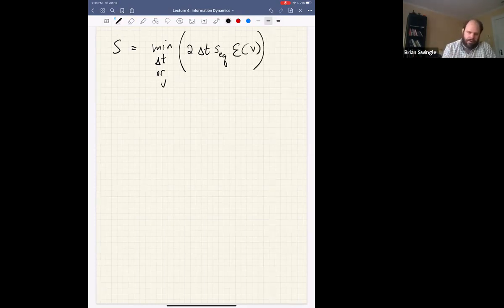Why the 2? This is from the upper and lower regions, right? We had the curve in both.